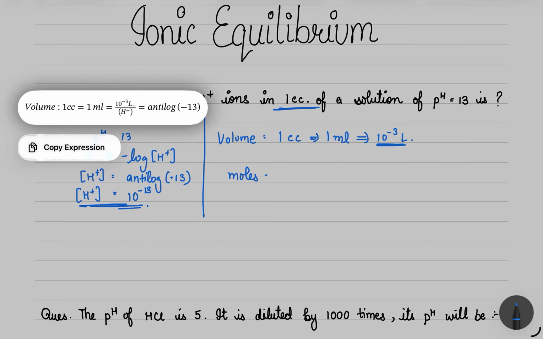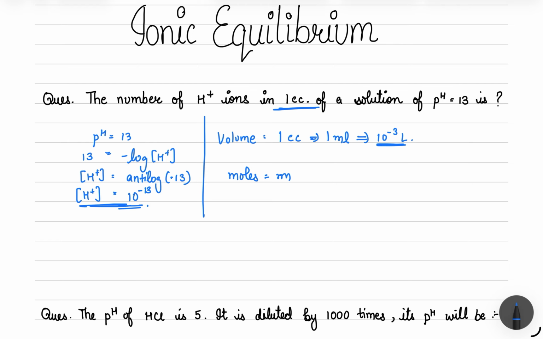Number of moles is equal to molarity into volume. So molarity is 10 raised to power minus 13 and volume is 10 raised to power minus 3 liter. So total moles will come 10 raised to power minus 16.